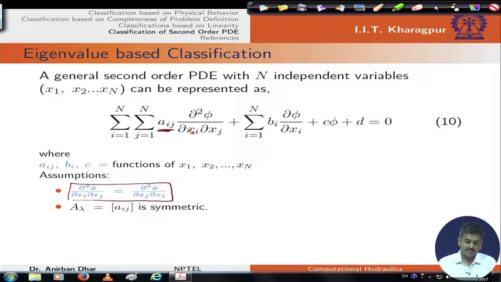For this coefficient which corresponds to the higher derivative terms, we can construct a matrix A, and this is symmetric in nature. Symmetric because in this case we are considering that the coefficients of the cross terms should be same.